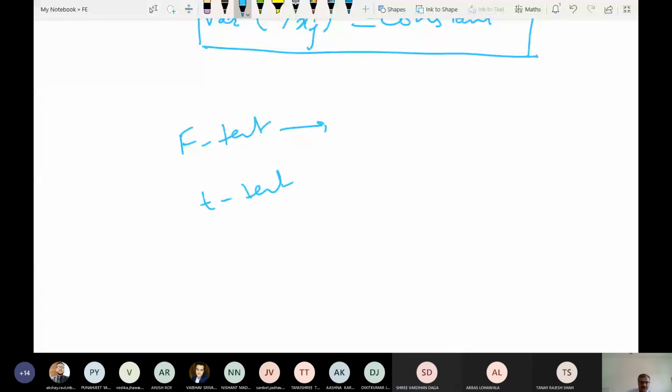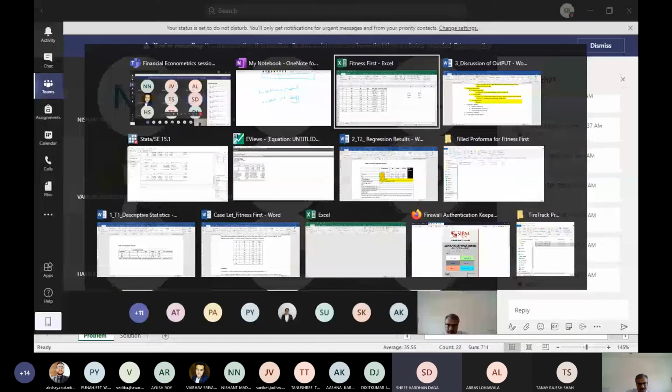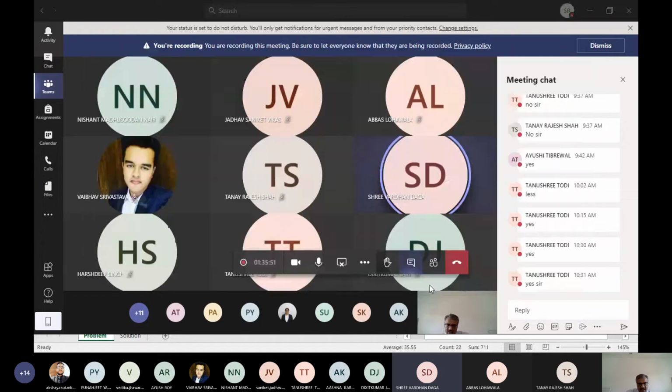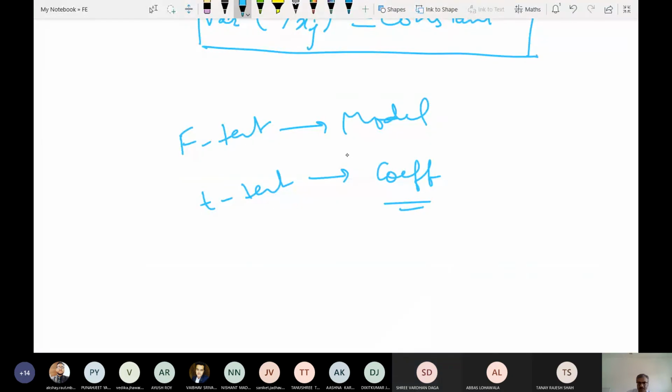F test is there for the model and T test is for the coefficients. So a common thing which we are estimating is sigma, and this sigma is of the model.